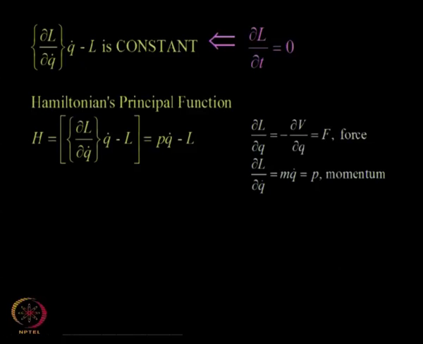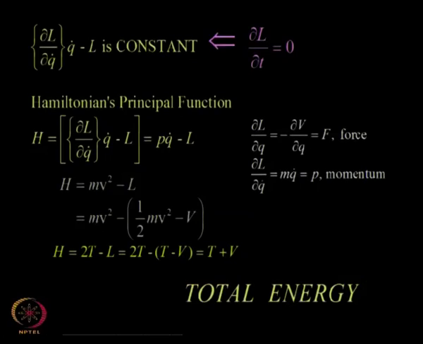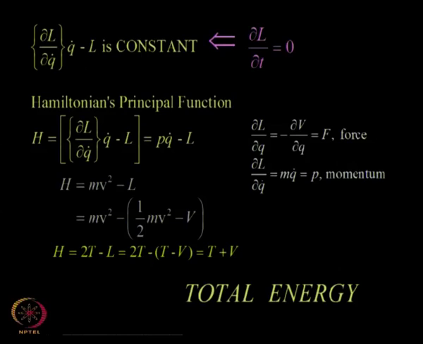That the Lagrangian must be, whatever time dependence it has, only through q and through q dot and not direct. So, there should be no explicit time dependence that the Lagrangian can have, and if and only if the Lagrangian does not have any explicit time dependence, will the Hamilton's principal function correspond to the total energy, which is a conserved quantity. And do you see the Noether's theorem talking to you in this result?